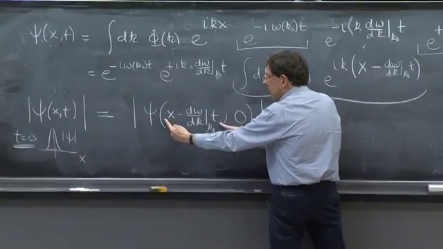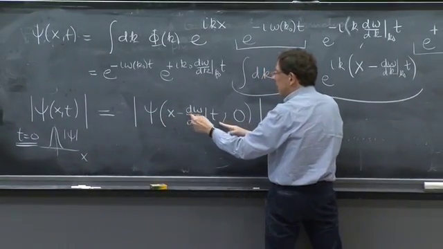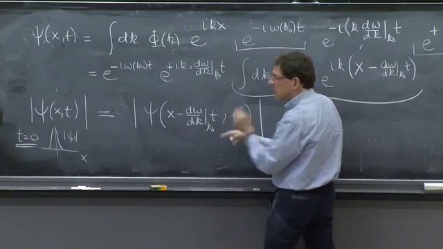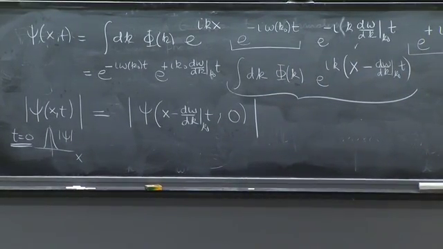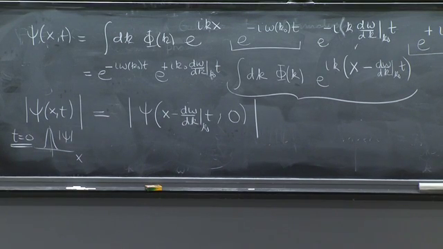And that corresponds to x equals d omega dk times t, showing again that the wave has moved to the right by d omega dk times t. So I've given two presentations, basically, of this very important result about wave packets that we need to understand.